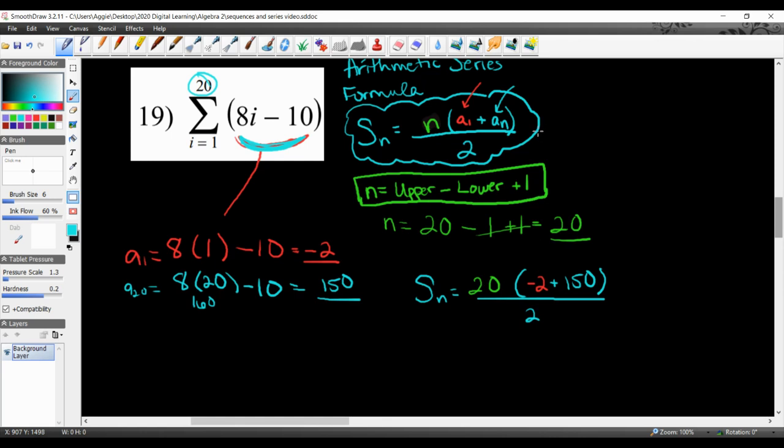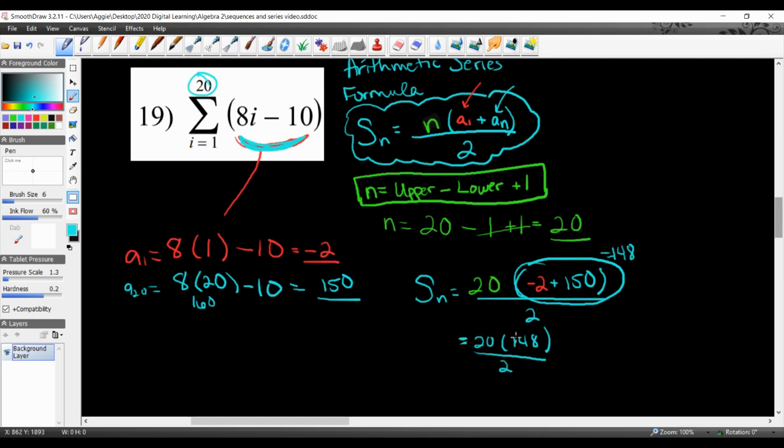I'm just using the formula right here. Again, using our order of operations, I would take care of the inside first. I'm going to do a few shortcuts here. This part right here would be the same as 148, which means that I have here 20 times 148 divided by 2.